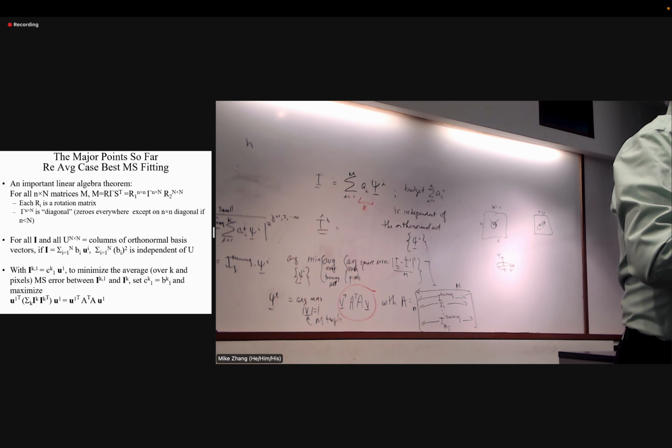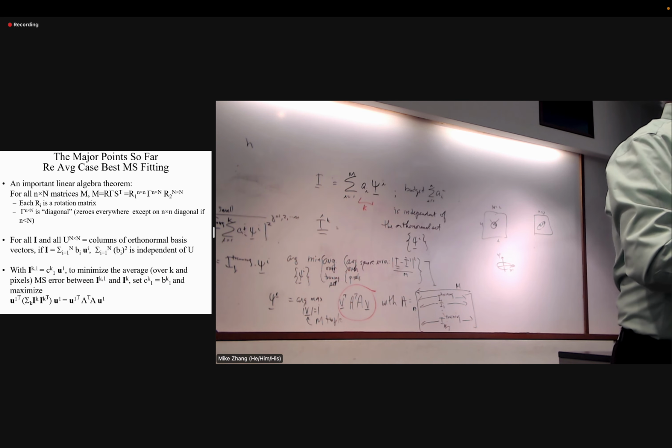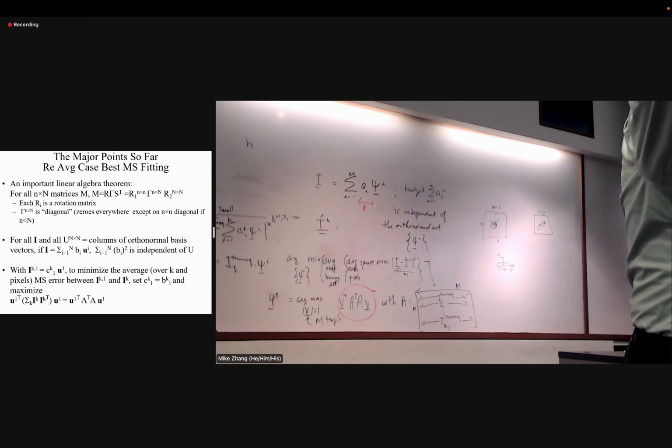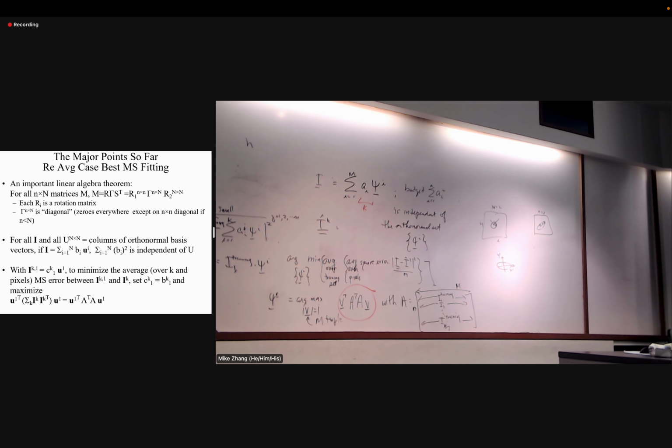To make a long story short, every matrix multiplication can be understood as a rotation of the input coordinate system, an application of stretch factors along the new cardinal coordinates, the x prime, y primes that we've rotated into, and then a rotation in the output coordinate system.